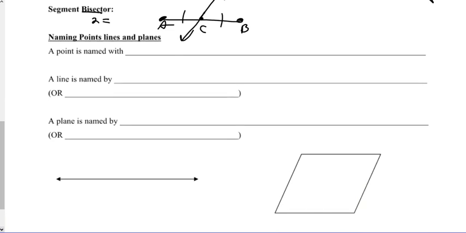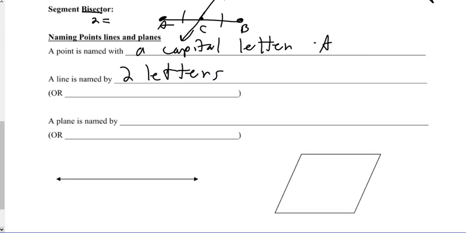Okay, we've kind of covered this already. A point is named with a capital letter. All right. A line is named by two capital letters. So you could say, like I said before, AB. But you can also use a lowercase, usually italic letter.